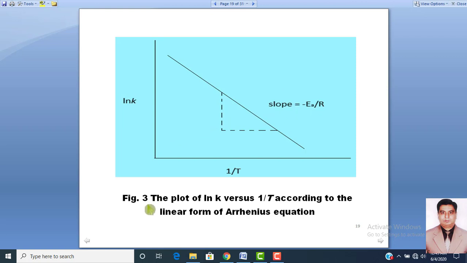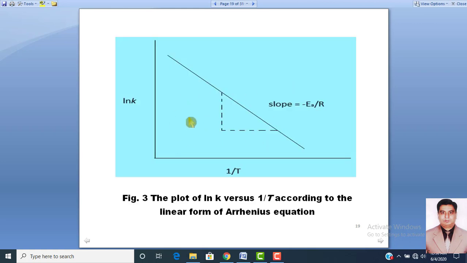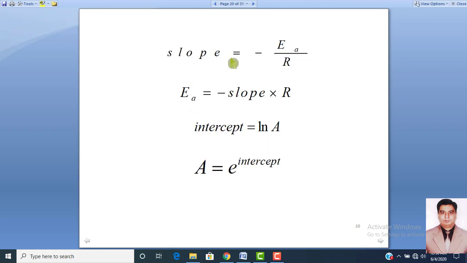So figure number 3 is showing the plot of ln K versus 1 over T according to the linear form of the Arrhenius equation. Dear students, according to this figure, the slope will be equal to minus Ea over R, and Ea, that is the energy of activation, will be equal to minus slope into R. The intercept will be equal to ln A. So the Arrhenius constant will be equal to the exponential base raised to the power intercept.